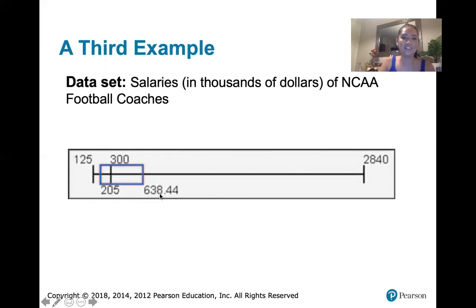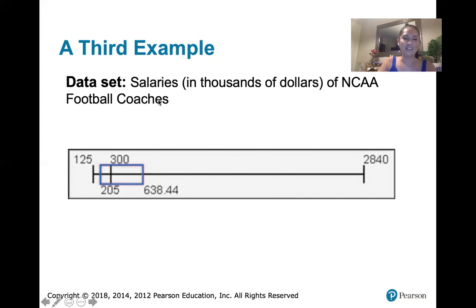$638,000 approximately. And then look at that long right tail again. We've got data skewed to the right. There is at least one football coach in our data set that has a salary of $2,840,000 approximately.